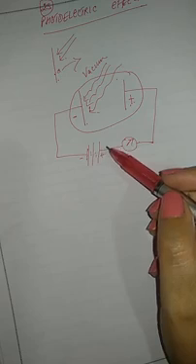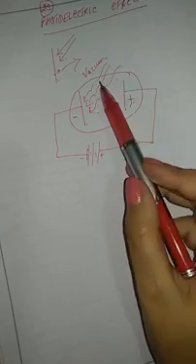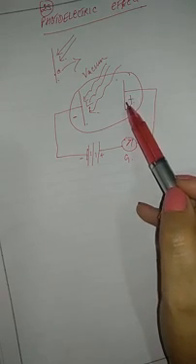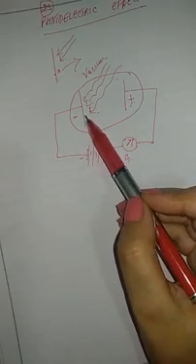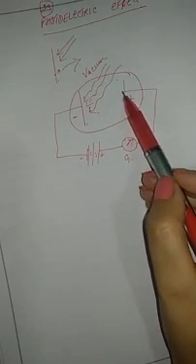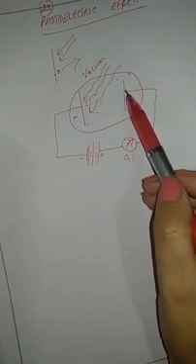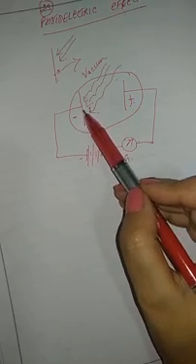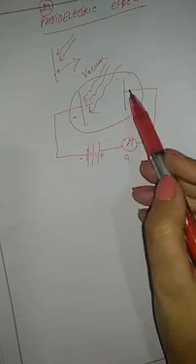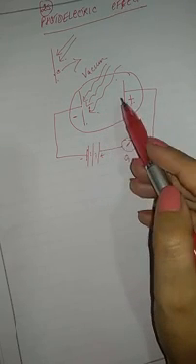But if the UV rays fall on the positive plate, the electrons emitted from the positive plate do not reach the negative plate, because this is a negatively charged plate. When an electron which is negatively charged tries to go to the negative side, then negative and negative will be repelled. That is why the circuit won't be complete and the current will not flow.